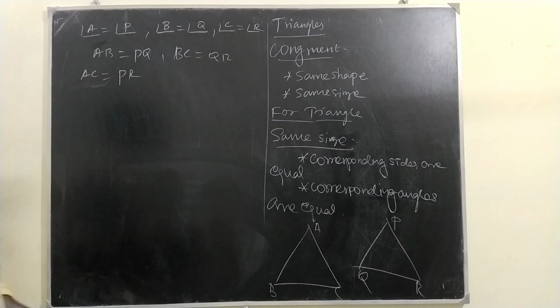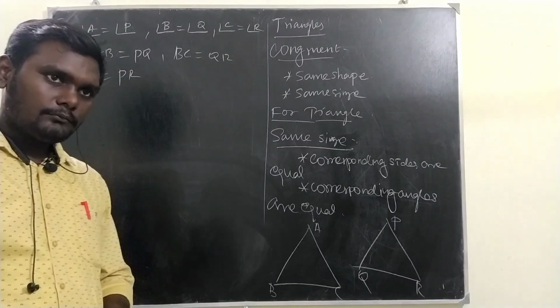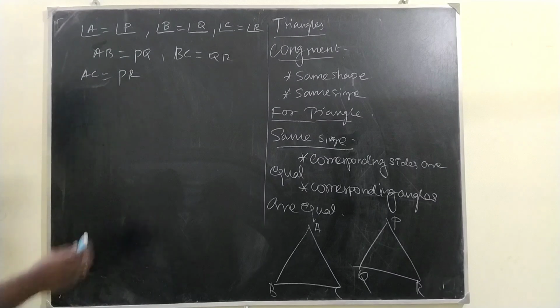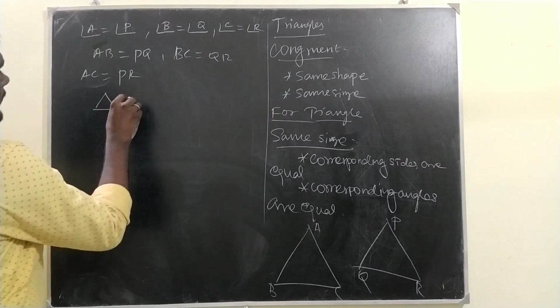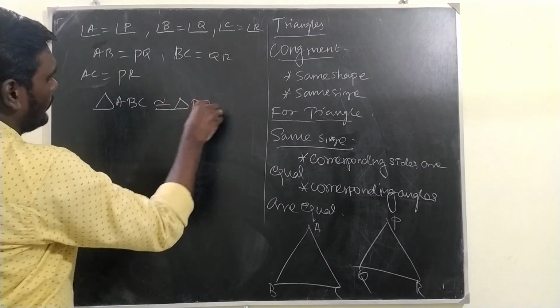Then we can say these two triangles are congruent. How do we denote that? Triangle ABC is congruent to triangle PQR.